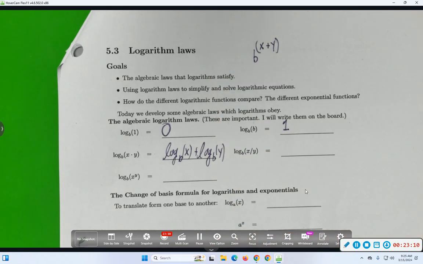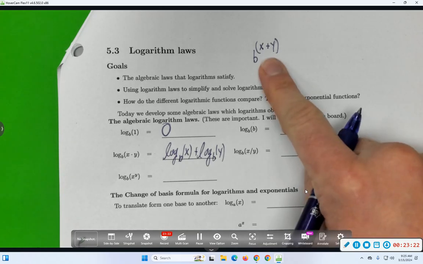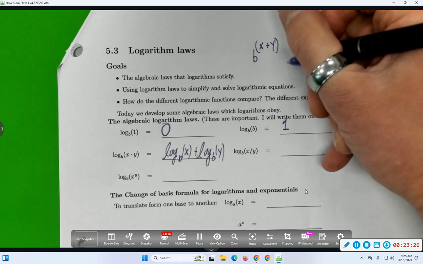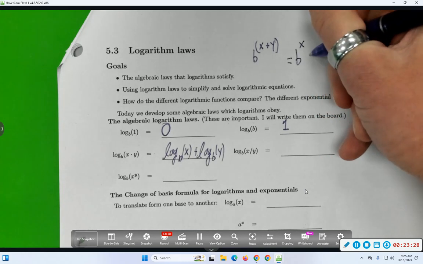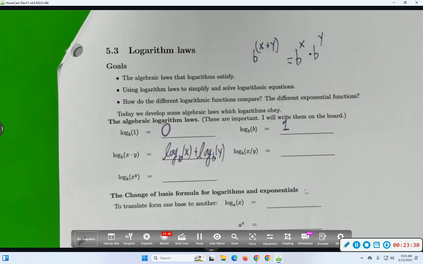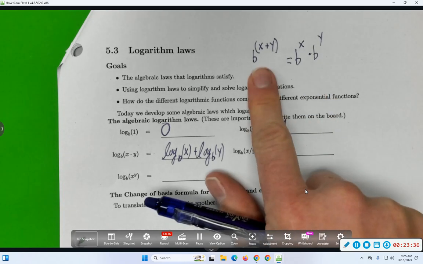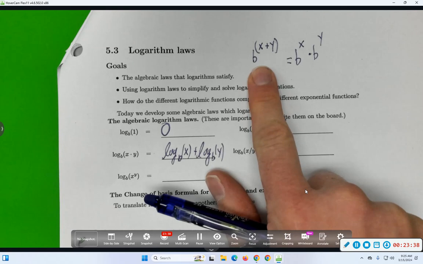So, logarithms take multiplication and demote it to addition. If you multiply inside of the parentheses, that's the same as adding outside of the parentheses. And why is that? It's because for exponentiation, if you add inside the parentheses, that's the same thing as multiplying the result. So, b to the x times b to the y is b to the x plus y.